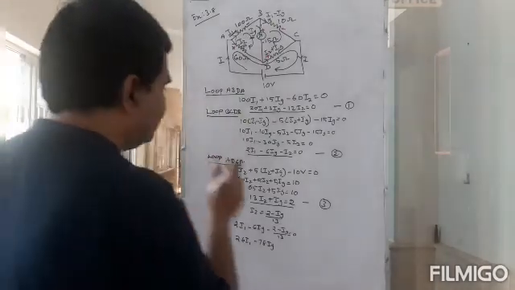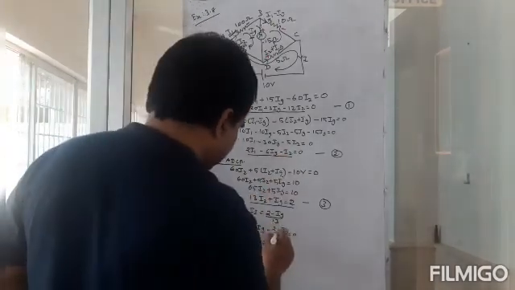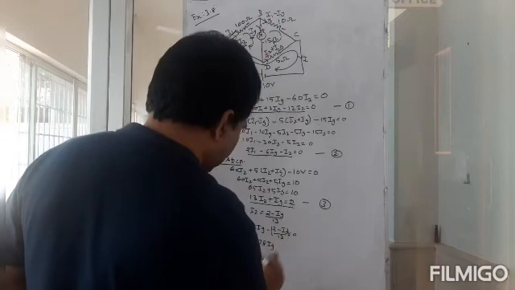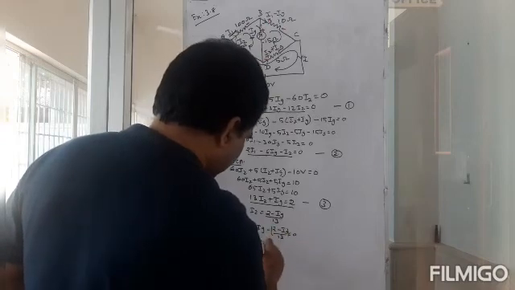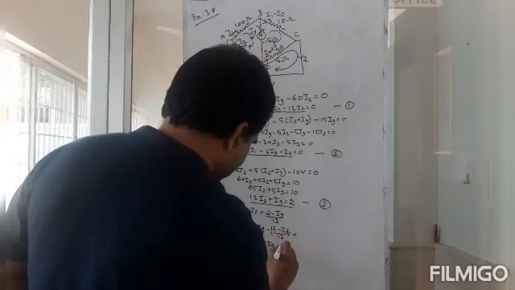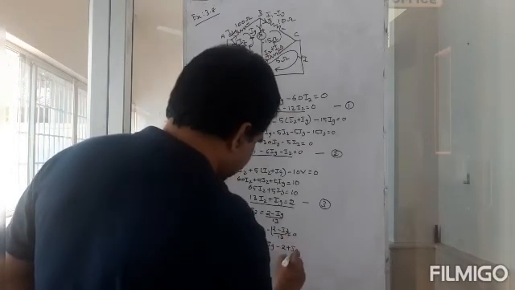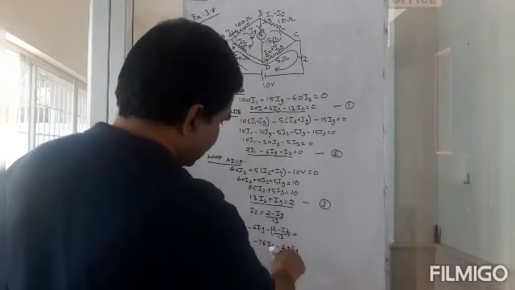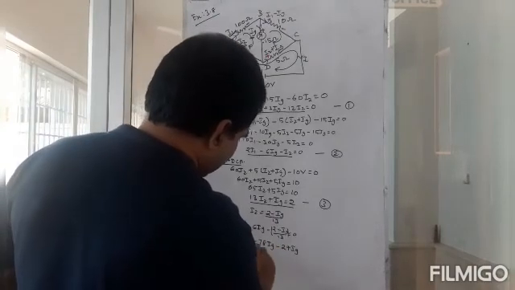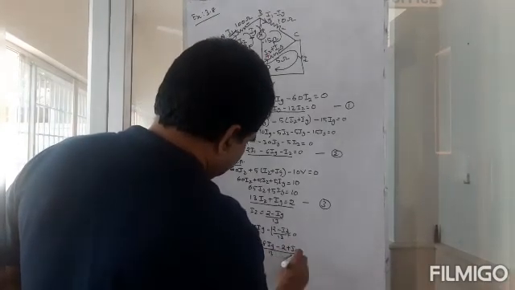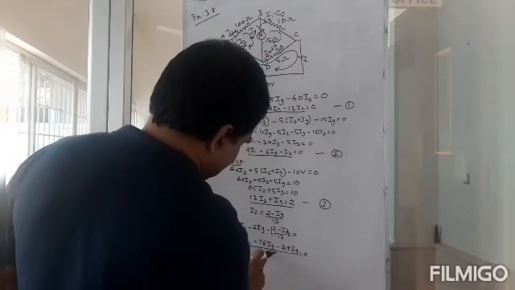So I got I2, so this will become minus 2, then this will become plus Ig divided by 13, equal to 0. So I will take 13 to the other side.